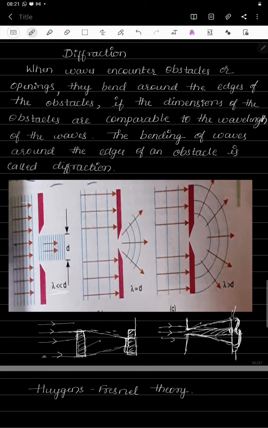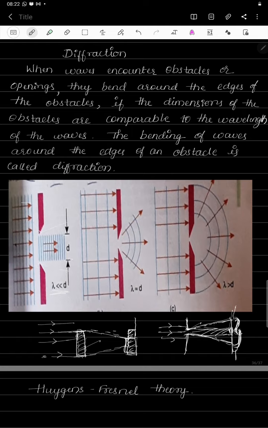If there is no obstacle, light easily passes through the opening, and here what we should expect is that the same size opening will be there, with shadow regions above and below. If diffraction takes place, at these two edges it bends and enters the geometrical shadow region.